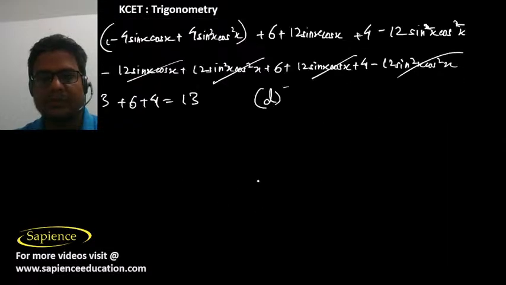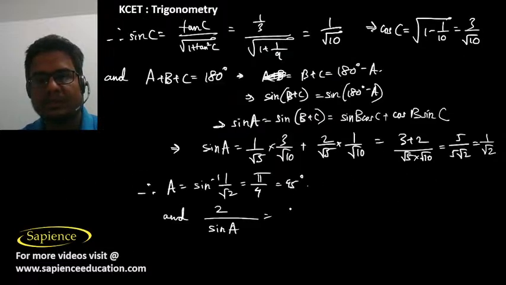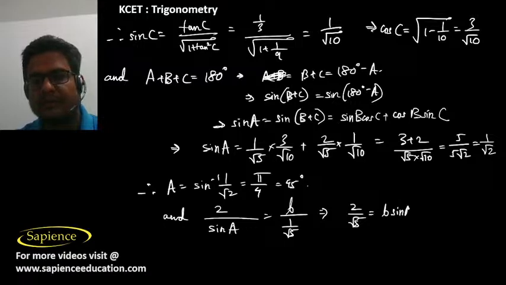So therefore we can say that 2 by sine A is equal to B by sine B, that is B by 1 by root 5. So 2 by root 5 is equal to B sine A. Now sine A is 1 by root 2. So therefore B by root 2 is equal to 2 by root 5.